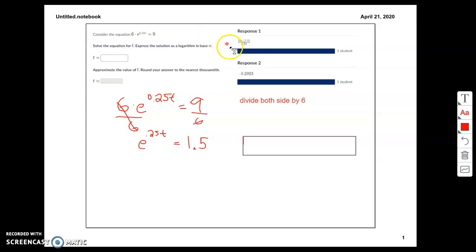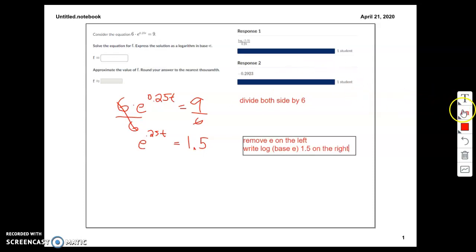So you have here log base e. Why did you do that? I rewrite the logarithm. So you put this e over here as a logarithm: log base e of 1.5 equals 0.25 T. Okay, so that's what you did.